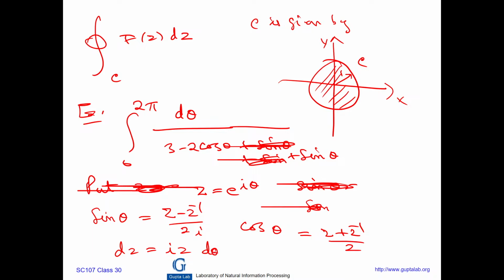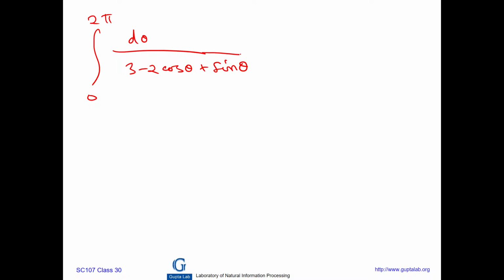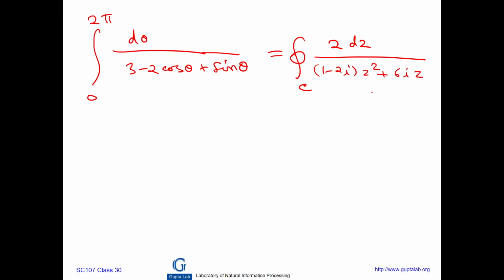So basically I will replace this d theta and all these theta in terms of z, right? So we get the integral from 0 to 2 pi of d theta divided by 3 minus 2 cos theta plus sin theta is nothing but the integration along C of 2 times dz divided by (1 minus 2i) times z square plus 6iz minus 1 minus 2i.